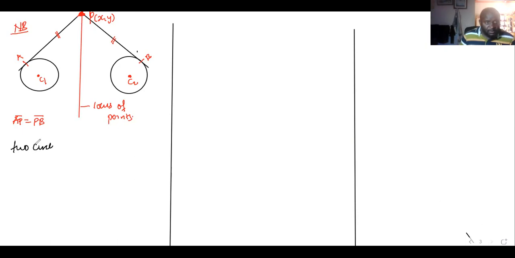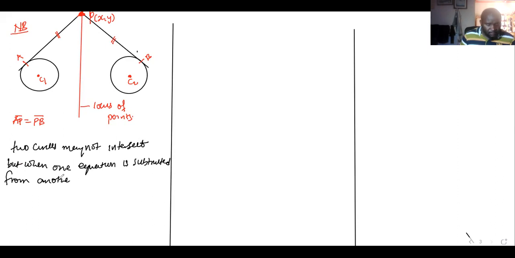Two circles may not intersect, but when one equation is subtracted from another, the equation of a line is still obtained.